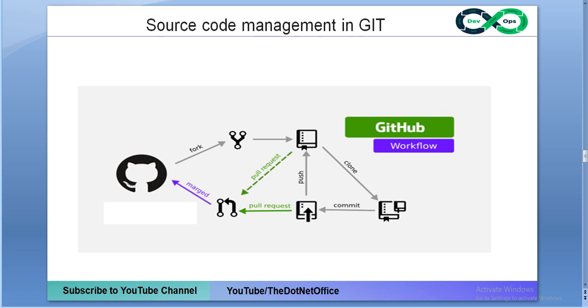Here we make some changes in a branch and commit it. Once we commit the changes, we push the code, then we do the pull request, and we merge the changes into the main branch. So this is the process, and there are many steps in between.